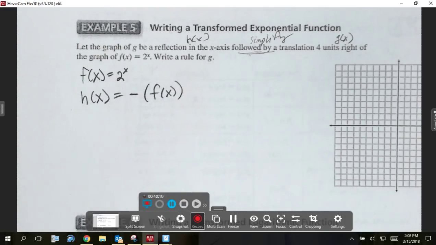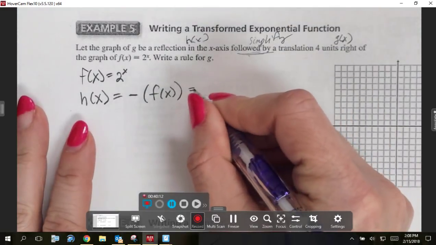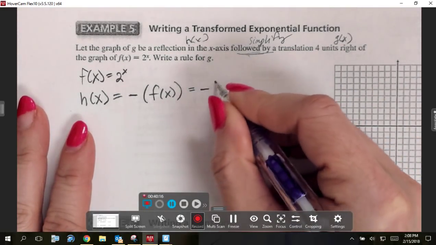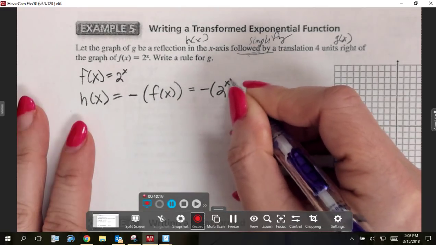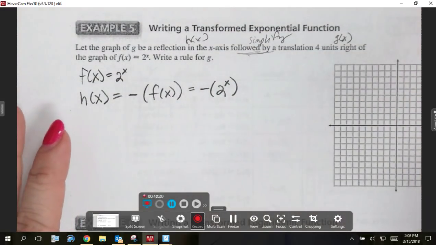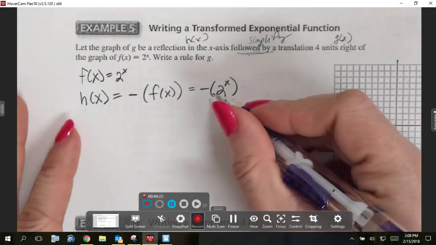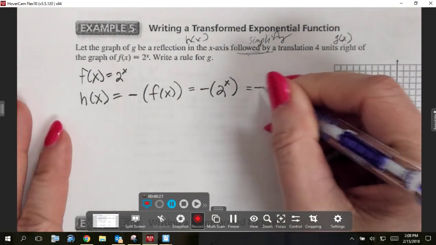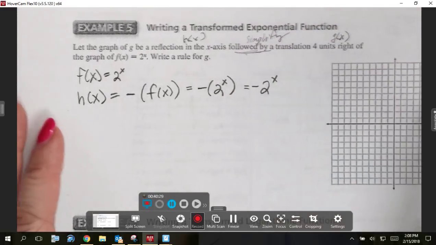This is vertical. So then I will replace f of x with what f of x is, 2 to the x. And then I will simplify. So -1 times 2 to the x is -2 to the x.